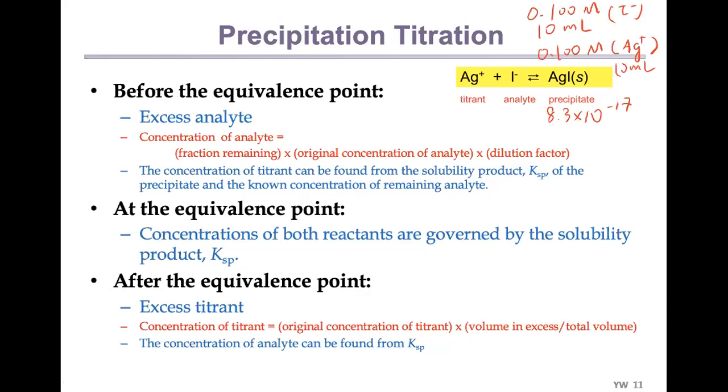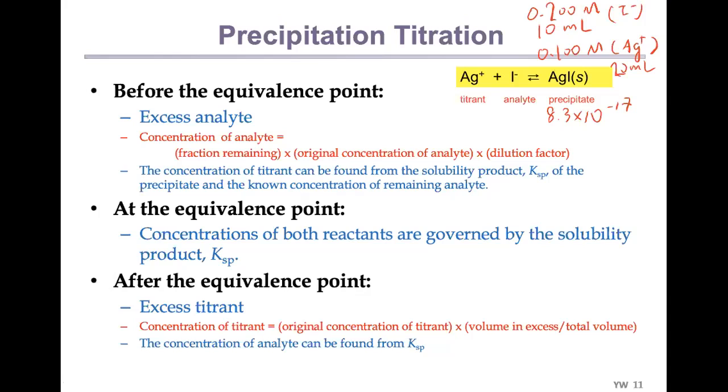Now, if my iodide is 0.200 molarity, and my silver concentration is still the same, how much silver will you need for reaching the equivalence point? 20 milliliters, okay? All right, so let's just use this as an example.